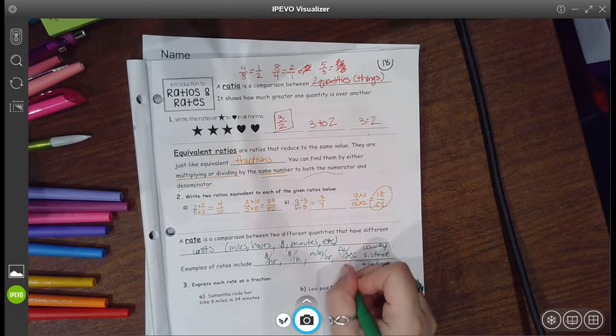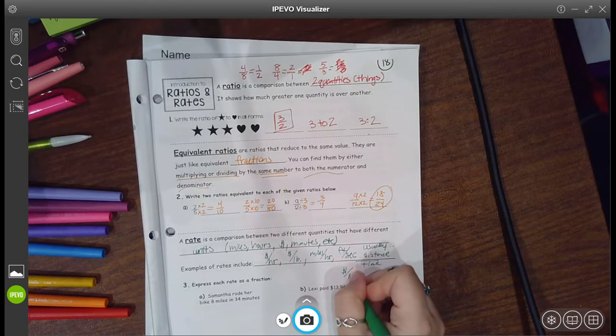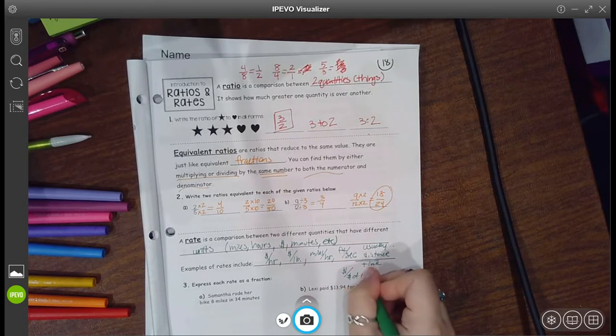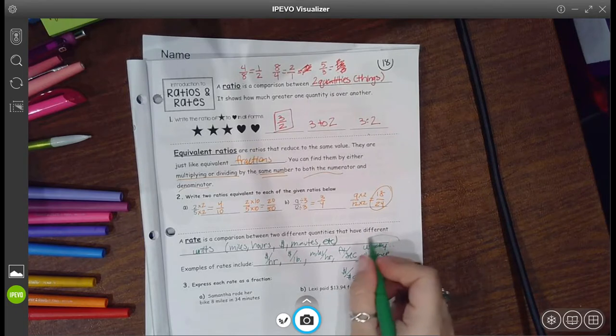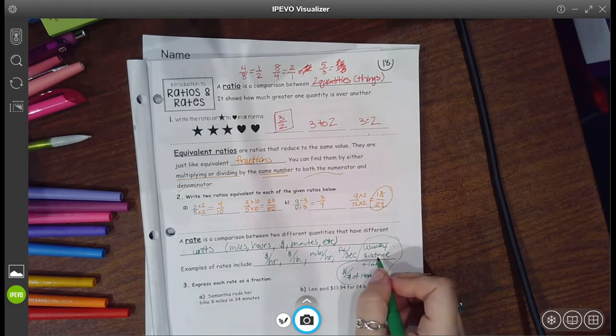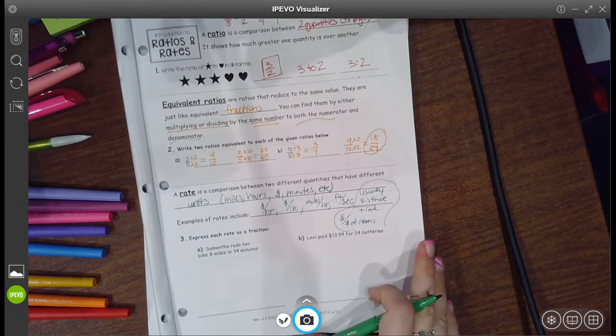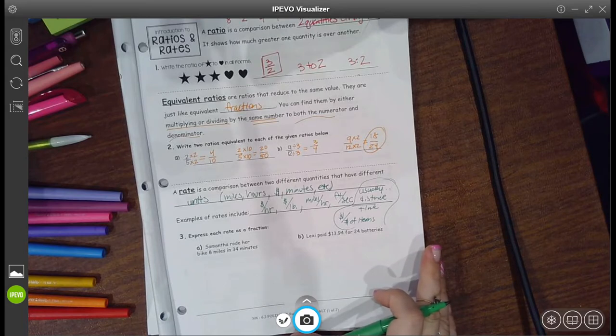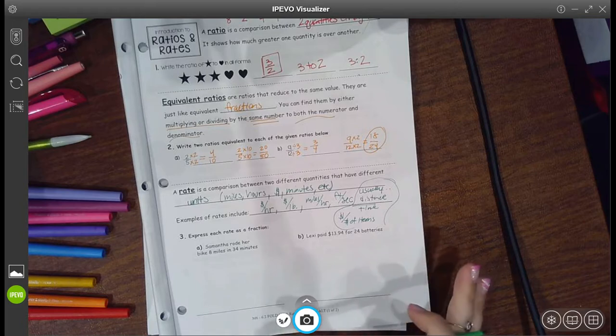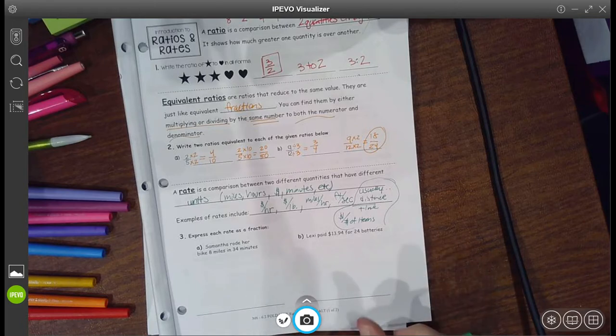And money usually goes over the number of items. So usually that little trick will work, that distance is on top, time is on the bottom, and money will go over the number of items. But I'll also show you another trick when you're trying to use a rate to help you solve a problem, how you can determine what goes where.